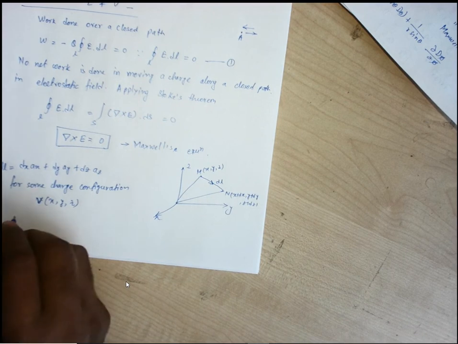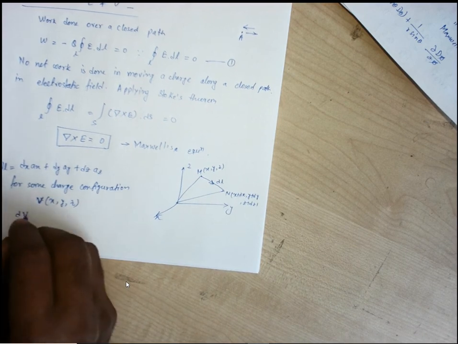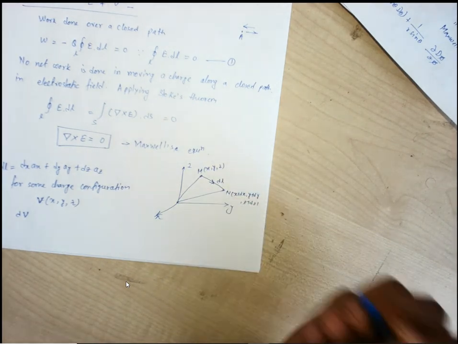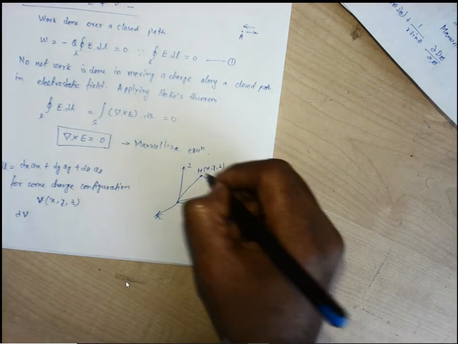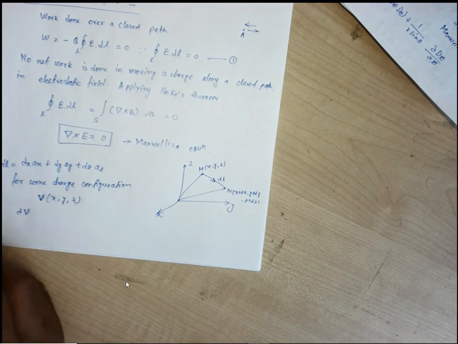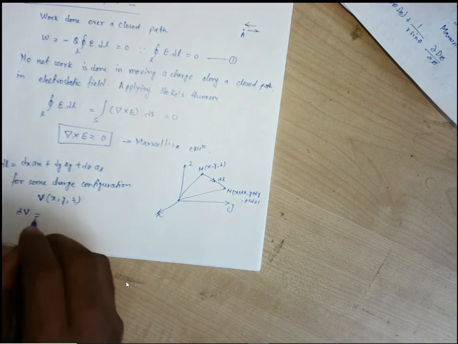Let us call that potential difference dV. The potential at M is obviously different from N because they are located in different positions, right? So what will be the expression for this dV?